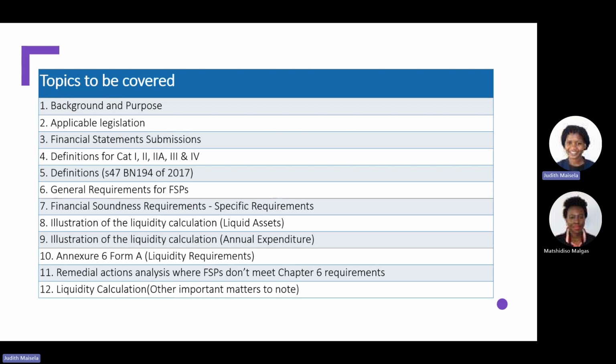Further to that, we'll also go into the Annex 6 Form A, which is the liquidity declaration form, together with Matshidiso, and I will be going through the remedial actions analysis where an FSP does not meet Chapter 6 requirements. And then lastly, we'll look into other important matters to note when taking into account liquidity calculation.